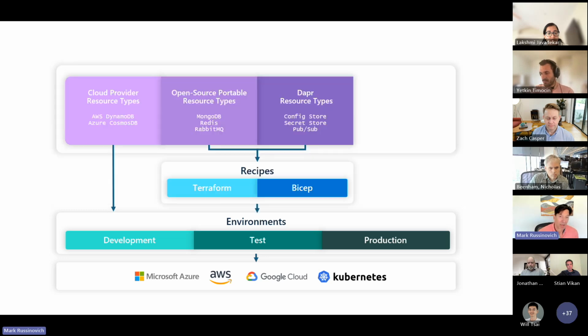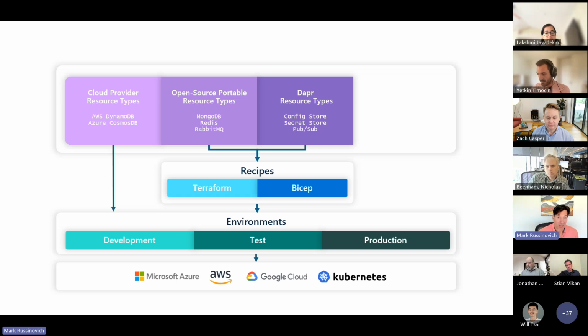And with recipes, that allows you to define the way that those resource types get provisioned, or the platform engineering team can implement how they get provisioned. I mentioned before that platform engineering teams are concerned about security, compliance, cost management, and this allows them to define recipes that implement their various controls for those resource types.